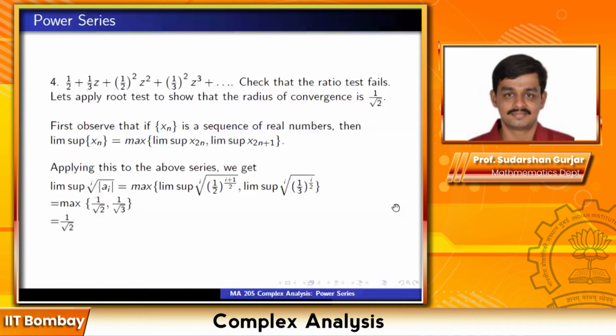And similarly, the other term is 1 by 3 raised to i by 2. So it's the maximum of lim sup of ith root of half raised to i plus 1 by 2, and lim sup of ith root of 1 by 3 raised to i by 2. Simply because the odd terms are half raised to i plus 1 by 2, and the even terms are 1 by 3 raised to i by 2.